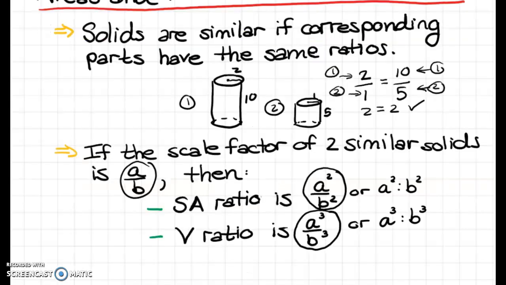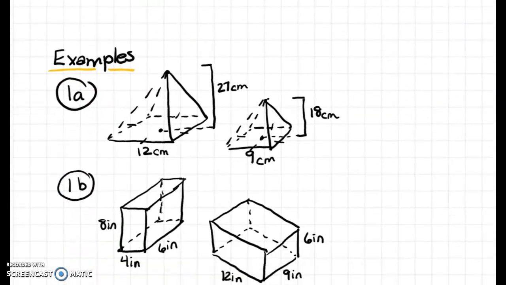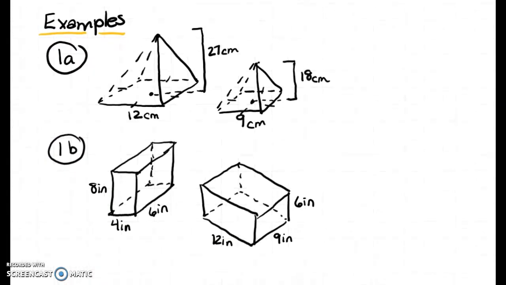Okay, so let's walk through some examples using this. My very first two examples, the question being asked is, are these two objects similar? Well, I know they're both pyramids in 1A and boxes in 1B, so I'm going to find their corresponding parts. So it looks like the side of the base and the side of the base.